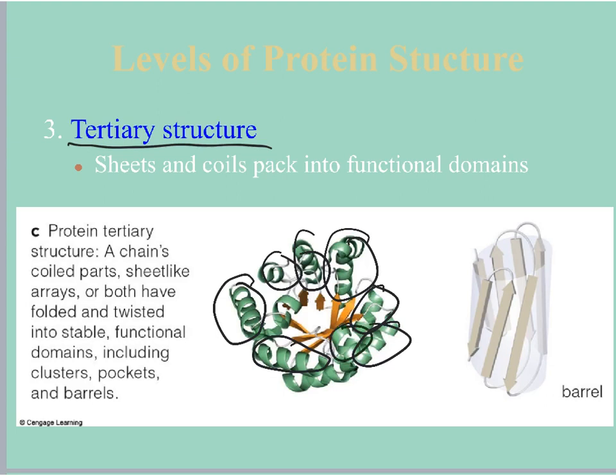And those coils are helping to give this protein even more complex function. And in some cases, you've got areas now of the protein that are going to function a little bit different than the other areas. And we call these functional domains. And not to say that tertiary proteins don't have functions either.